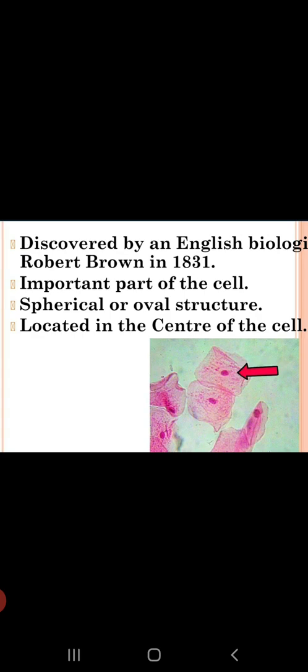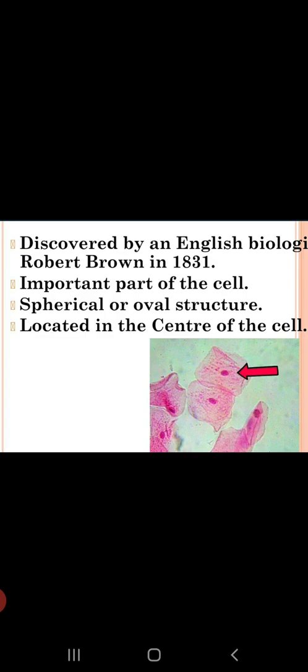How many nuclei were present in each cell? There was one nucleus present in each cell, right? However, there are some cases where more than one nucleus may be present in the cell. For example, the muscle cells contain more than one nucleus in each cell, children. So that's about the introductory part of the nucleus.